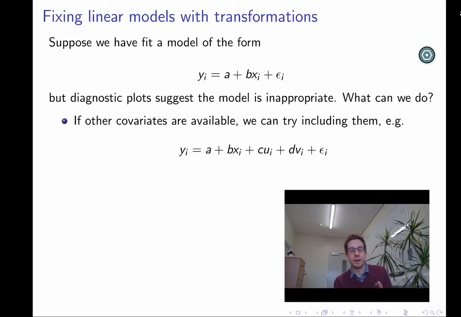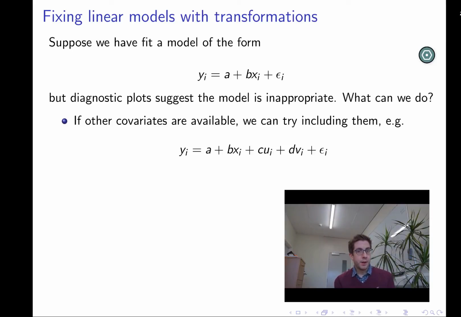So, for example, if y was predicting salary, and x was the age of employees, then we might find that saying salary is a linear combination of your age to be an inappropriate model. But if we had information on gender, or region that you live in the country, then that might improve the model.